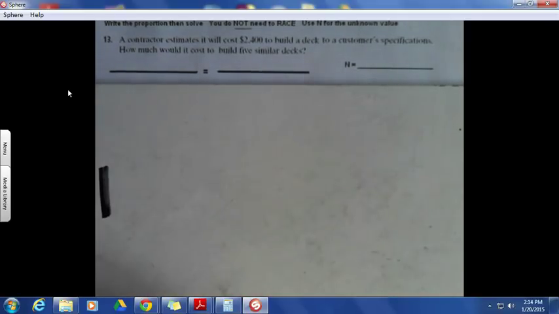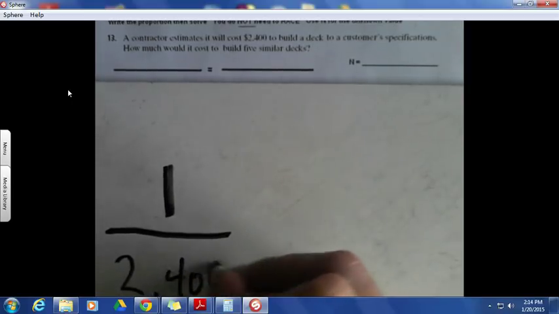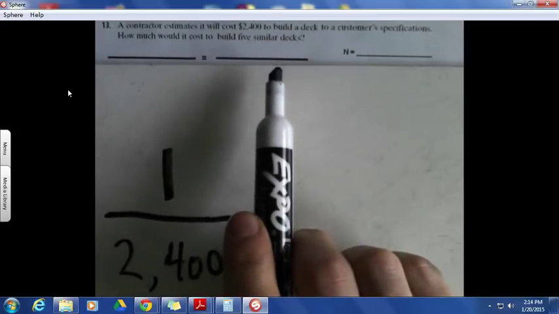Okay? So the first ratio is 1 deck costs $2,400. So, the question is asking you, how much will it cost to build 5 similar decks?